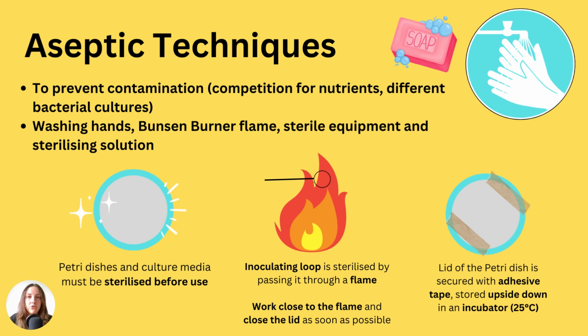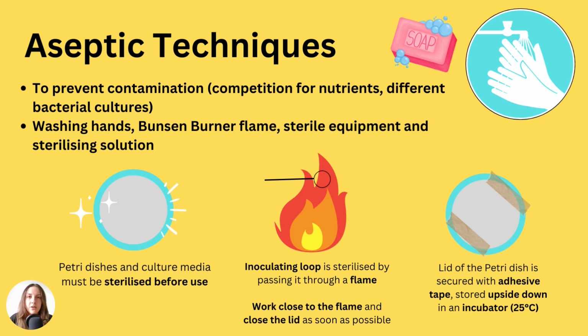One of the ways we ensure aseptic techniques has been abided by is by washing our hands with antiseptic soap. We also work very closely to a Bunsen burner flame. That way, the air surrounding our agar gels is not contaminated or does not have any airborne bacteria within the air there.